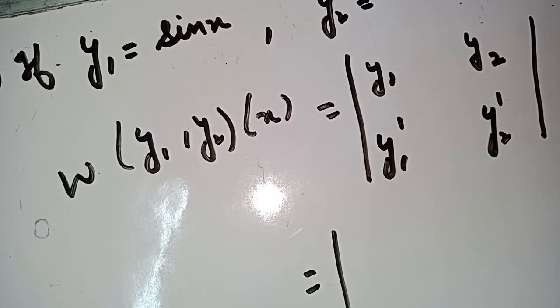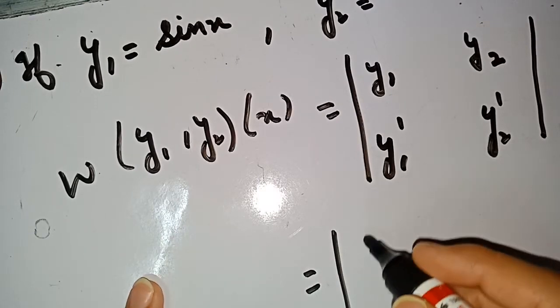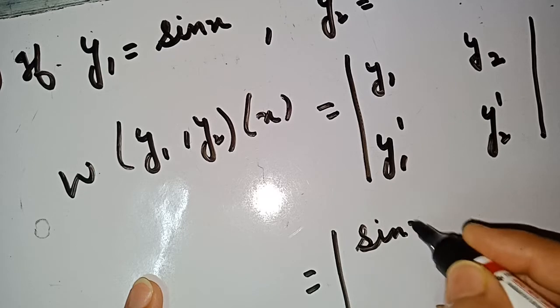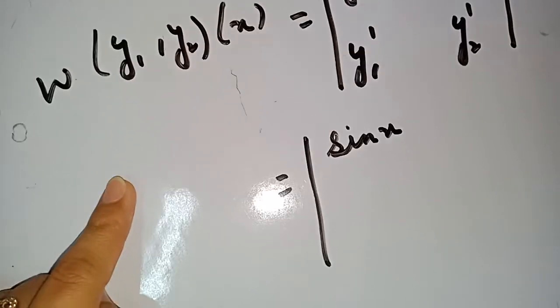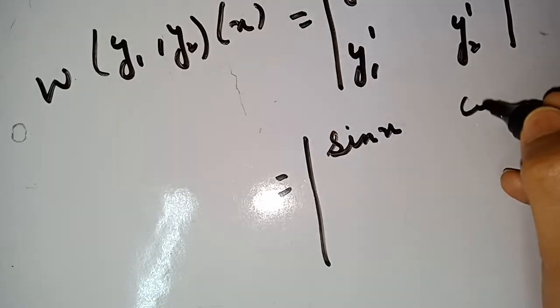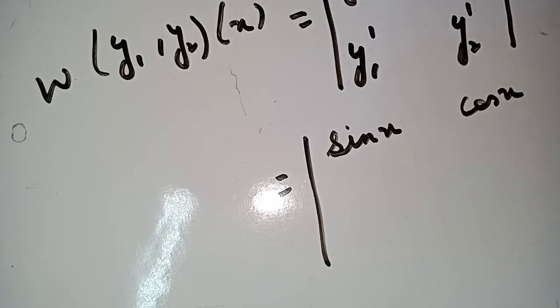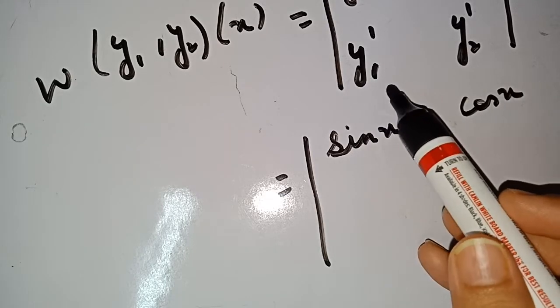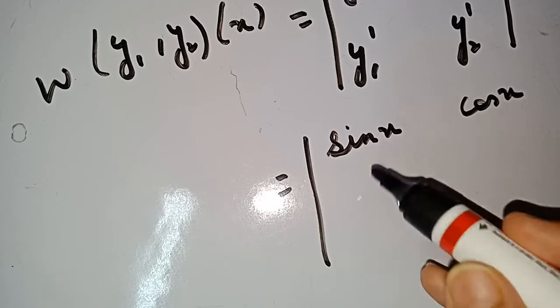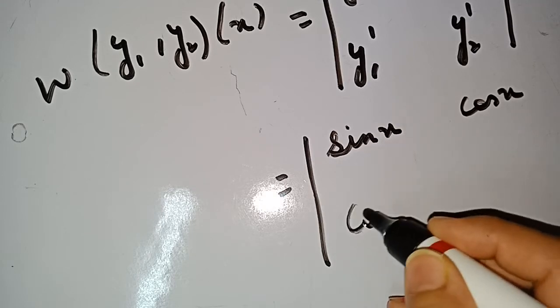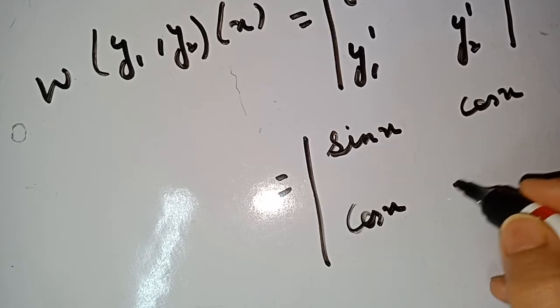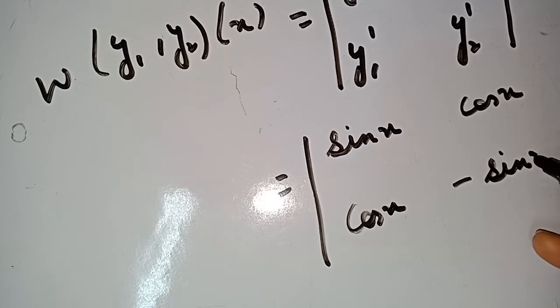Here y1 is sin x and y2 is cos x. The derivative of sin x is cos x, and the derivative of cos x is minus sin x.